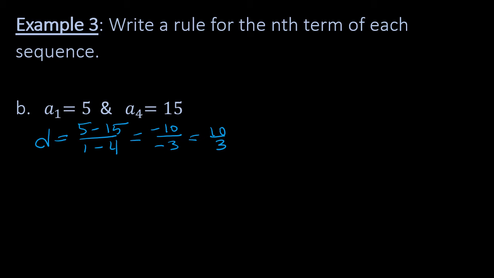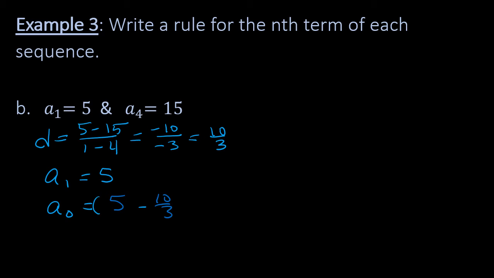So I have my first term. So I know that a sub 1 is 5. That means a sub 0 equals 5 minus 10/3. So I need to go backwards to find that term.